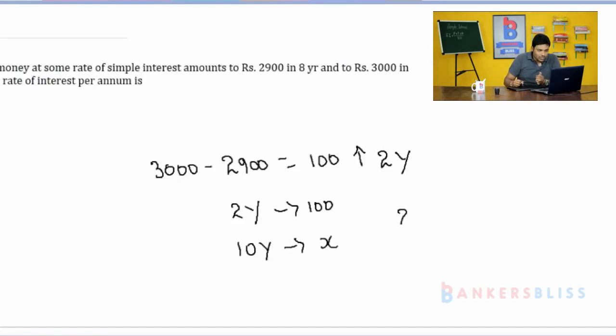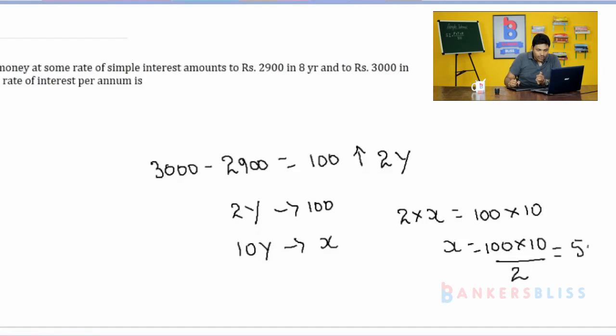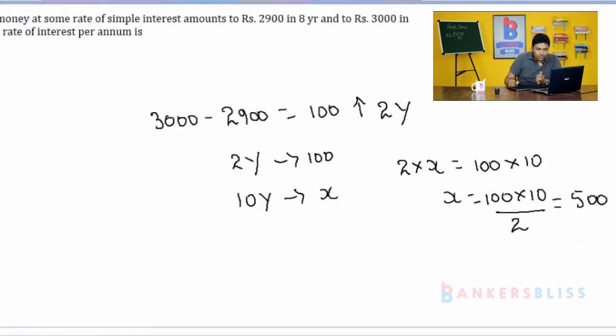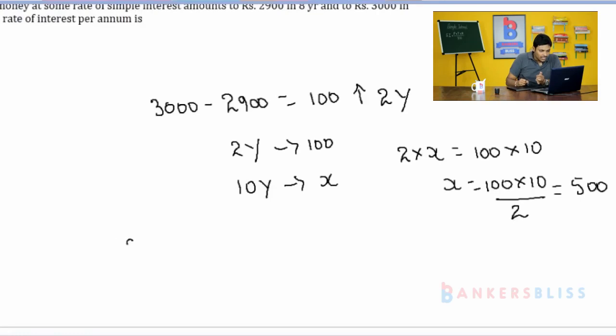Cross multiplication: 2 into x is equal to 100 into 10, therefore x is equal to 100 into 10 by 2, which is equal to 500. So the simple interest amount for 10 years will be 500.